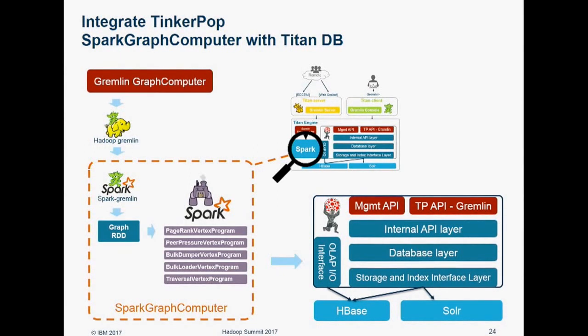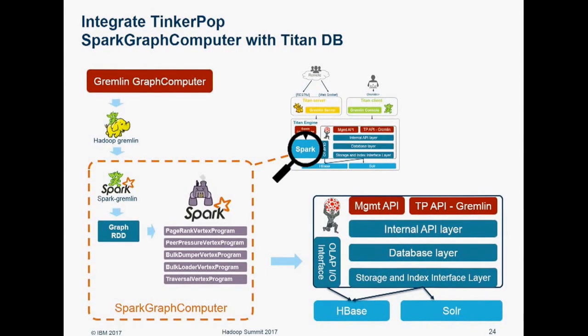Gremlin has a Spark or OLAP interface that you can basically use to run a job to process your graph data, either through a MapReduce Hadoop instance or through Spark.